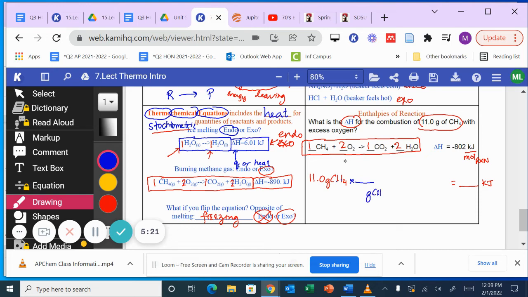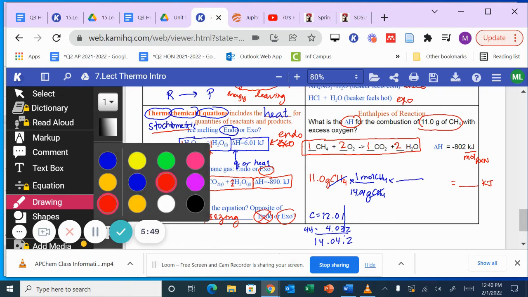Gram CH4, 1 mole of CH4. I'm going to do the math here. Carbon is 12.01, 4 H's is equal to 4.032, which is 16.04. The reason I converted to moles is because of this.